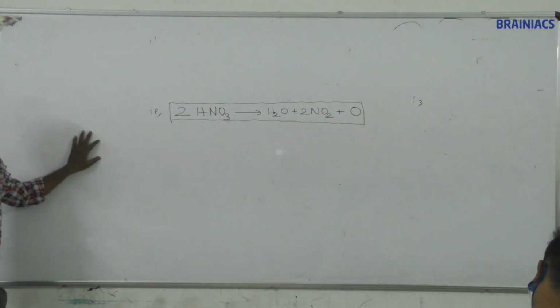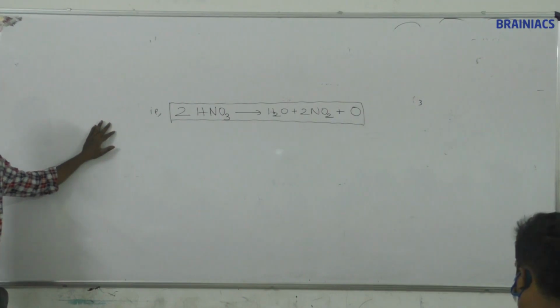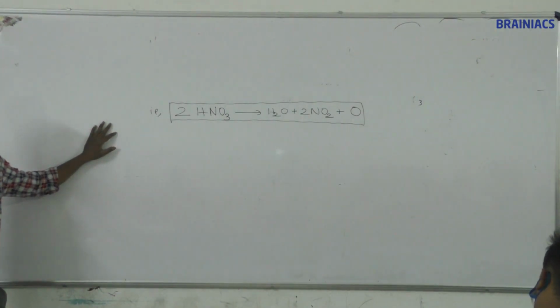That is 2HNO3 gives H2O plus 2NO2 plus monoxygen.